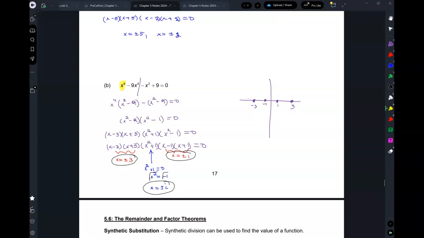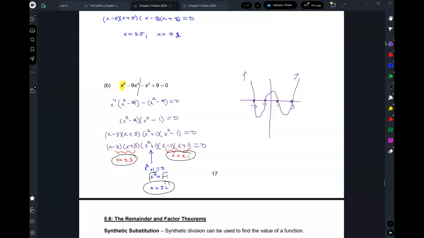Both ends are going to go up, right? So it has to cross, cross, cross. That's what that looks like. So you have 4 real zeros, 2 imaginary ones. That's why you don't see those as intercepts, but there are 6 total zeros.